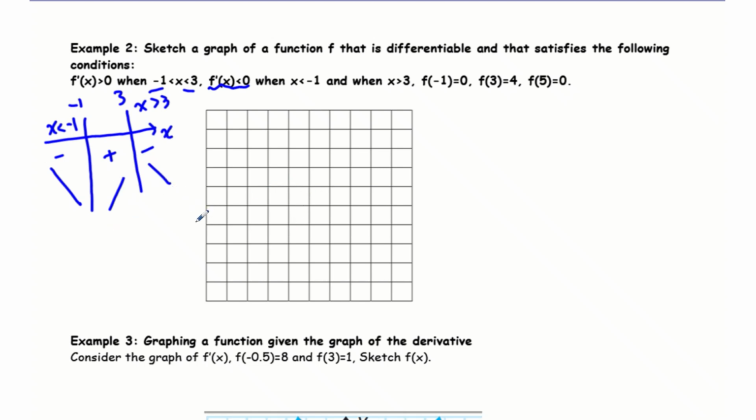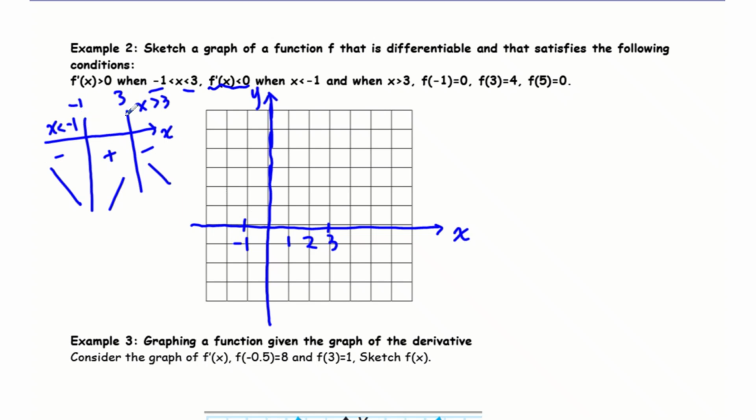So we are going to draw the x-axis, and negative 1. This is the y-axis, and negative 1 is where the graph changes direction. So f at negative 1.